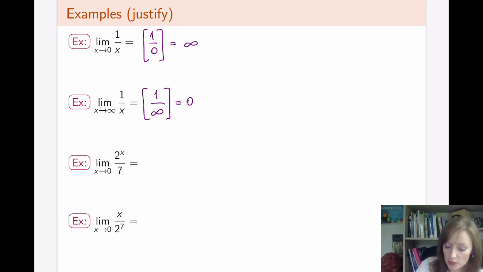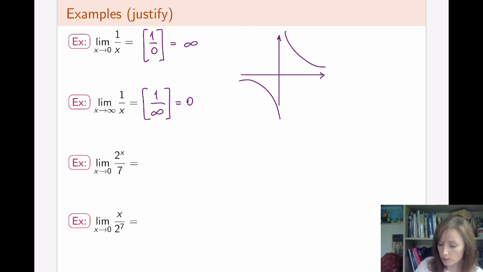This is also helpful to consider in terms of a graph. So for example, for 1 over x, the graph of a function looks like this. These guys are asymptotes, and they're symmetric. Let's pretend this is nice and pretty and smooth, right? And so as x approaches 0, from the left or from the right here, notice that I didn't actually specify, and so my infinity doesn't have a plus or minus sign.